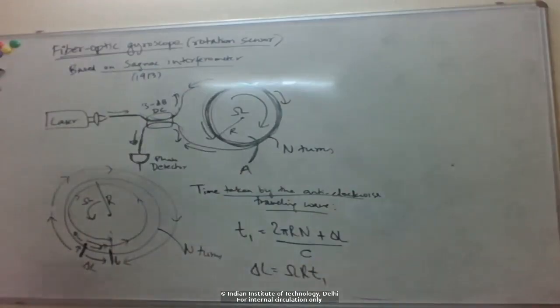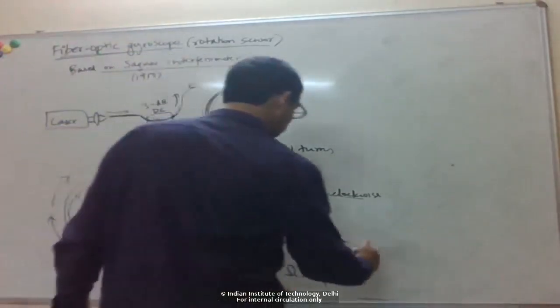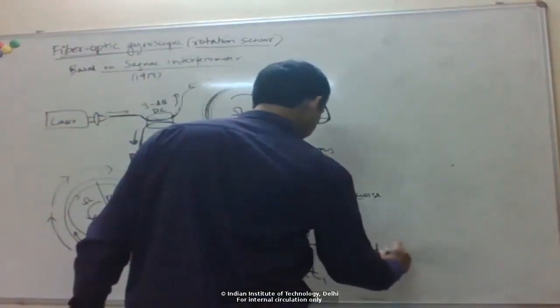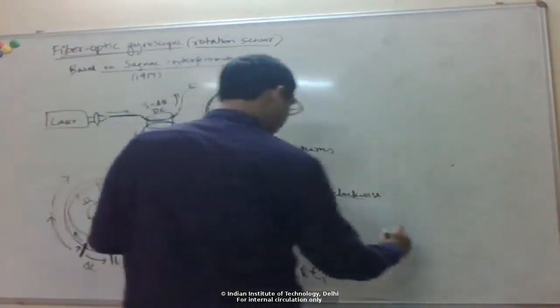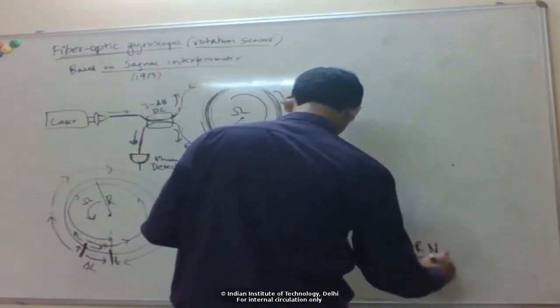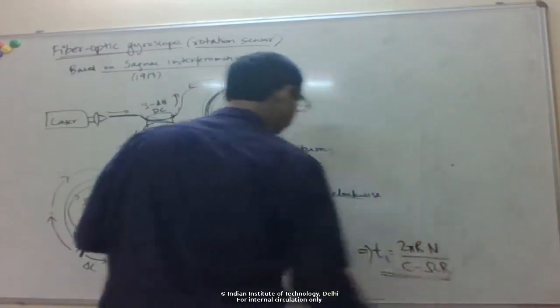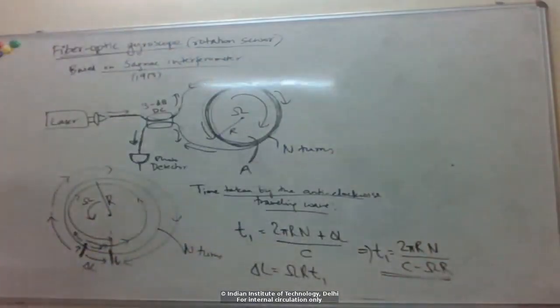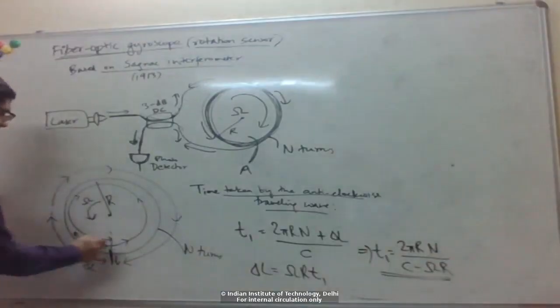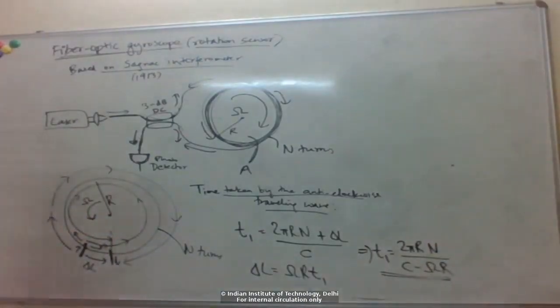So that's delta L. We can put this expression for delta L and then solve for t1. So you get t1 as, okay. That's the time taken by this anti-clockwise traveling wave.